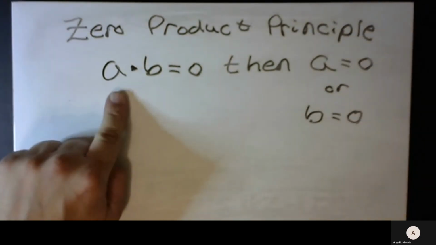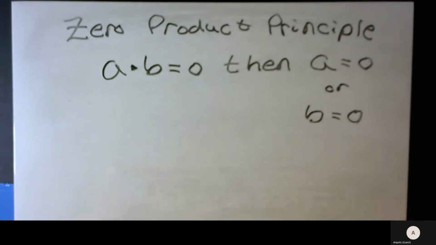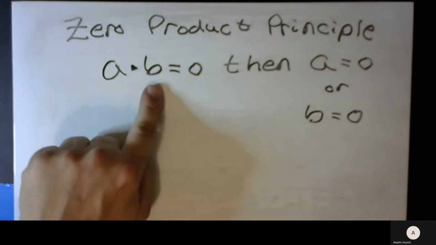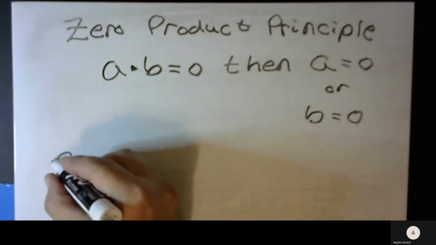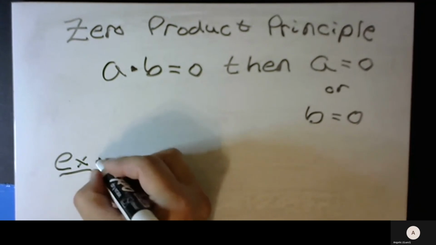Because if this is 0, well, times 0 gives you 0. If this is 0, well, it's still times 0, you get 0. If both are 0, 0 times 0 is 0. So let me do an example of this with factoring.